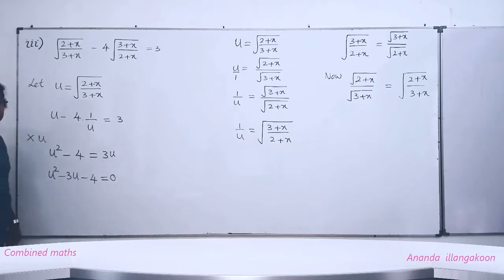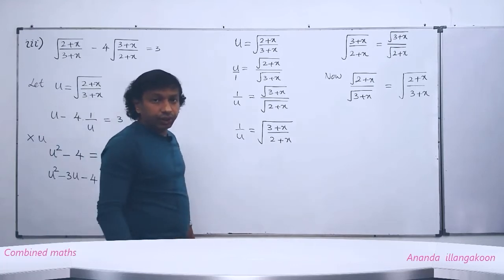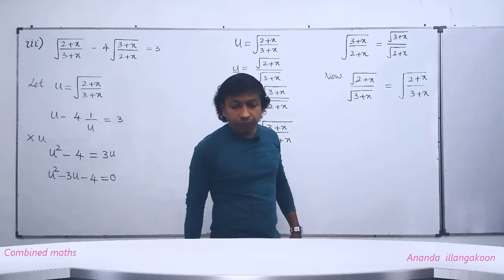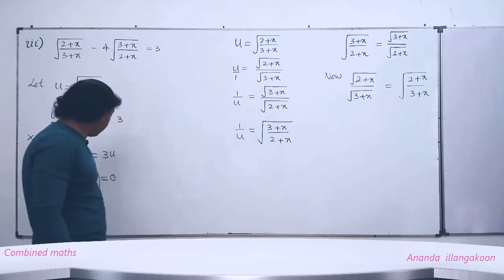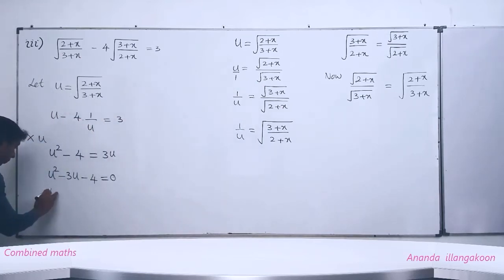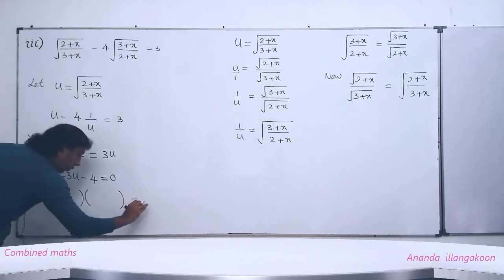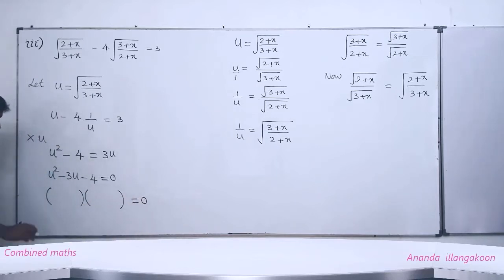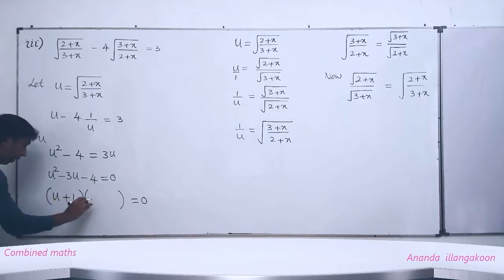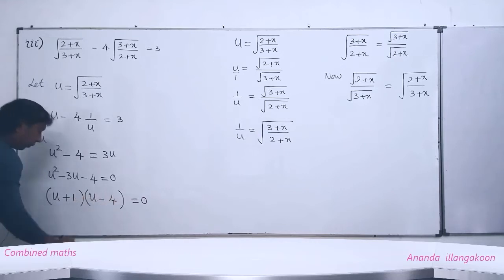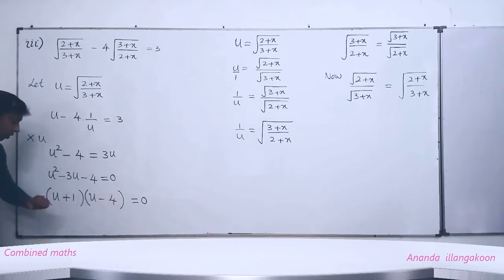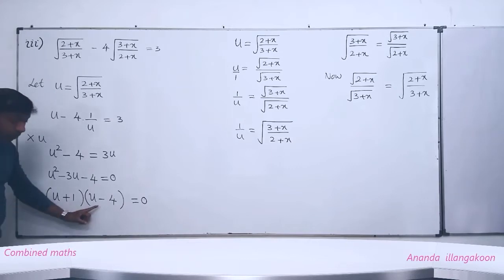Now we got, people, a quadratic equation in u. Now we can factorize this. What are the factors? Here we can write it as u plus 1 and u minus 4. Correct? 1 into minus 4 is minus 4 coming. And here minus 4u plus u is minus 3u. Then we can equate this to 0 and this to 0.